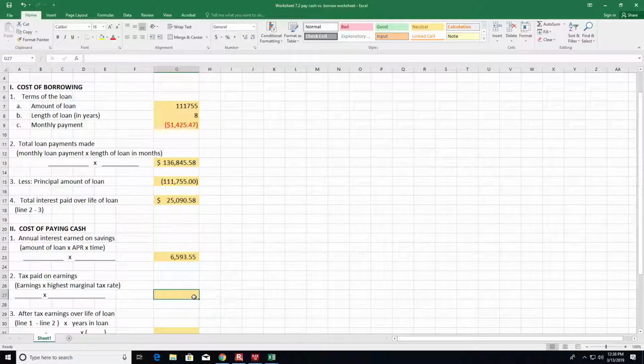But the key here is, anytime I have earnings, I have to do what? Pay tax. What was my highest marginal tax rate? 22%. So I am paying this every year in income tax on my interest.